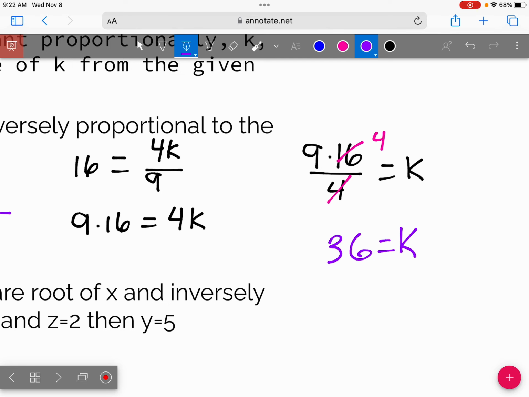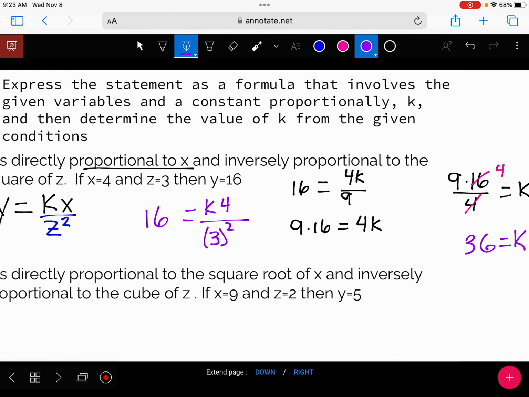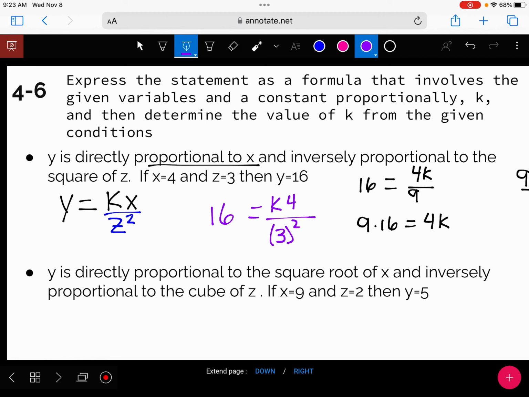Okay? So it's really a matter of understanding the words and then practicing careful arithmetic. So again, just being really careful with our words. We've got y directly proportional to the square root of x and inversely proportional to the cube of z.